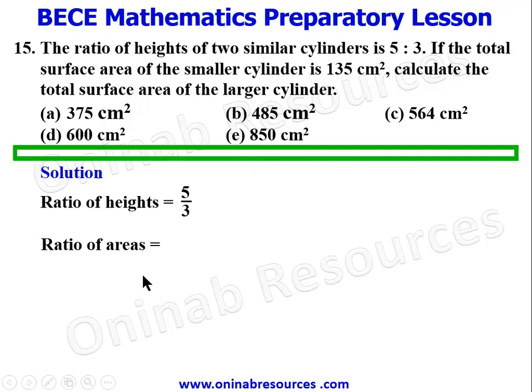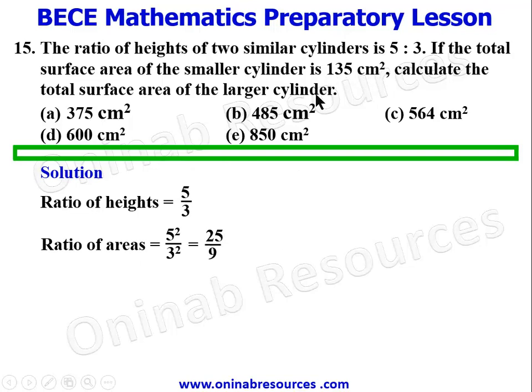So the ratio of their areas will be 5 squared over 3 squared. If you are looking for the ratio of their volume, it will be 5 cubed over 3 cubed. And that will give us 25/9.